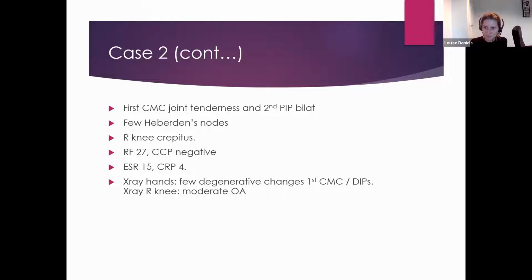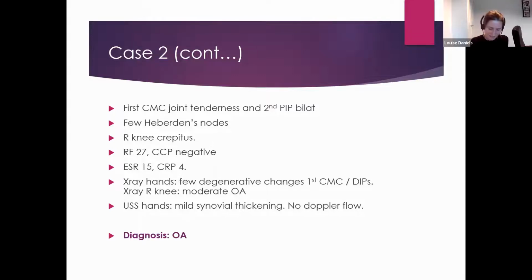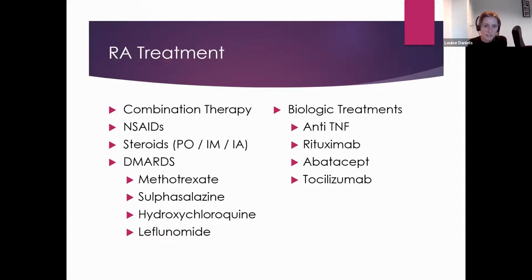X-rays are more in keeping with degenerative changes of osteoarthritis in both the hands and the knees. Because of her low level rheumatoid factor and her stiffness, she does have an ultrasound scan to make sure that we're not missing anything. There's a bit of mild synovial thickening in the joints, which would be in keeping with osteoarthritis, and there's nothing to suggest active inflammation. There's no positive Doppler flow. So this lady has osteoarthritis.